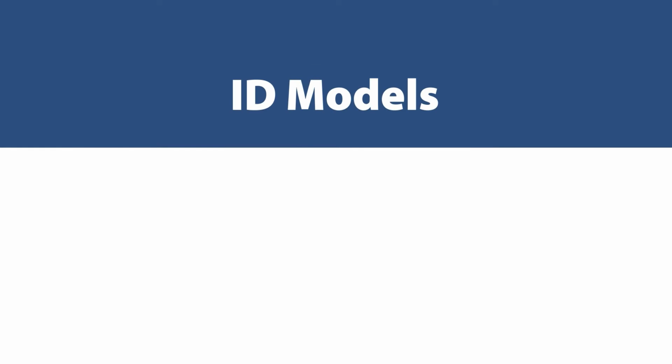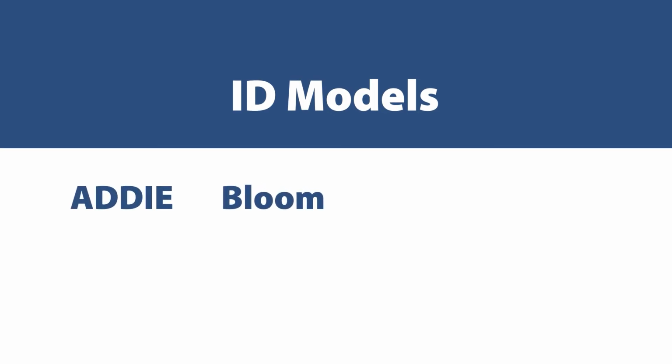Now, there are certain instructional design models. I will not get into the details of all those, but I'm sure each one of you knows them. The first one is the ADDIE model. The second is Bloom. Those who have done education, either MA education, BEd, MEd, whatever it is, you know what Bloom's taxonomy is.